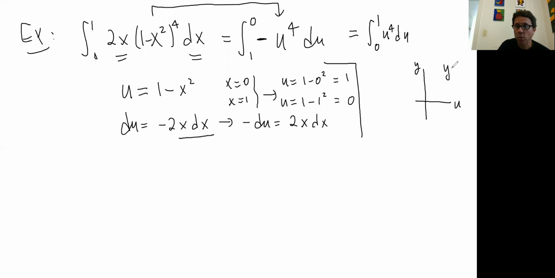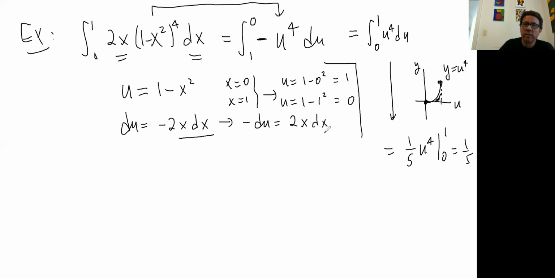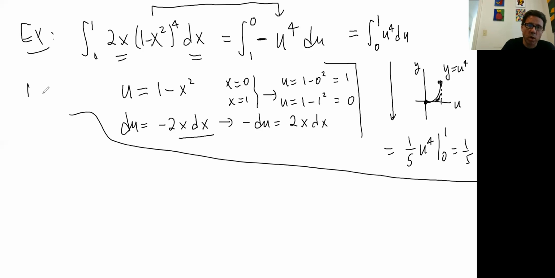If I did y equals u to the 4th, then it's really steeper than a parabola, and I get that area under there. So whatever the area was before, if I was to draw it, it would give me the same answer as the area there, and that's a pretty easy one. It's just 1/5 u to the 5th, and then plug in my u bounds, and I'll get 1/5. So that's one way to do it. That's like method 1.